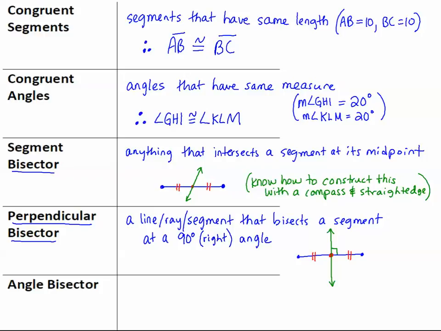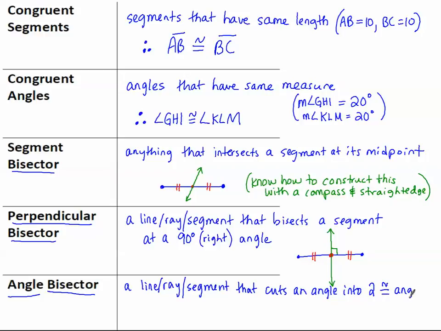An angle bisector. Again, bisect, cut in half, but this time do it to an angle. A line, a ray, or a segment that cuts an angle into two congruent angles.